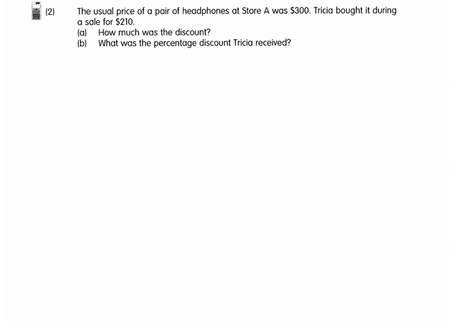Ryan, tell me the working. $300 minus $210 equals to $90. So this is the discount in terms of value. That's why they say how much. Now, next part. What was the percentage discount Tricia received? We know that the value of the discount is $90, right?